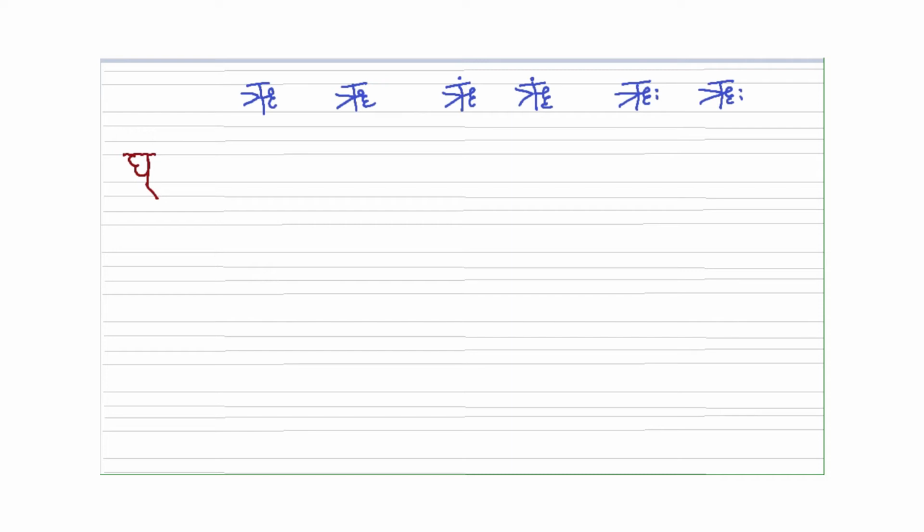Now we are going to write the modifications. For the gr, it is going to be the flip of what we did for u. So gr is one curve at the bottom, and for grh, it is going to be two curves.